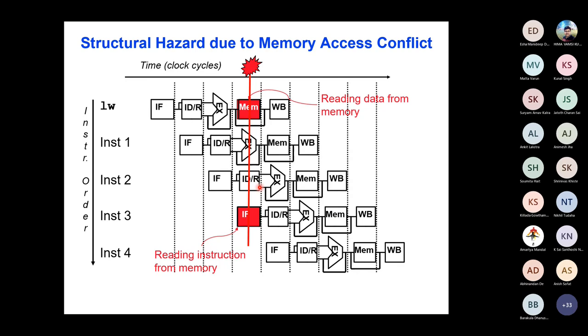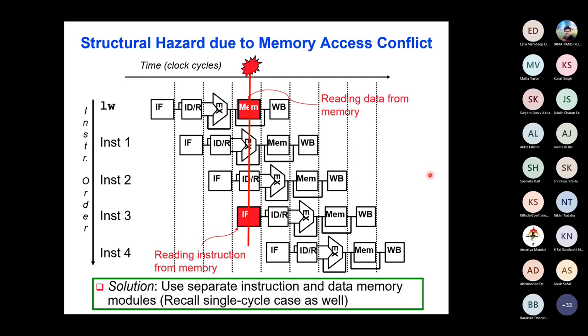That's why you need separate instruction and data cache. So use separate instruction and data memory modules or caches. Recall that when you implemented the single cycle processor, since our goal was to implement everything in a single cycle, there also we had to have separate instruction and data memory.